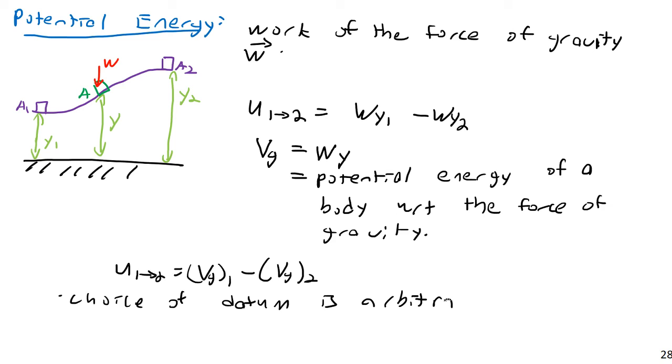All right, and so the units will be the same as potential energy, work, etc. The units of Vg are W times y, which will equal Newton meters, or simply joules. It's a unit of energy.